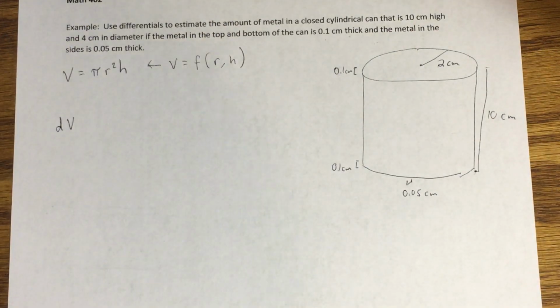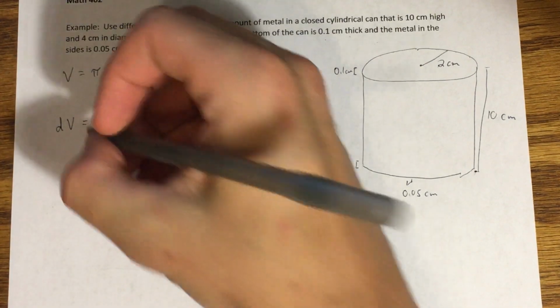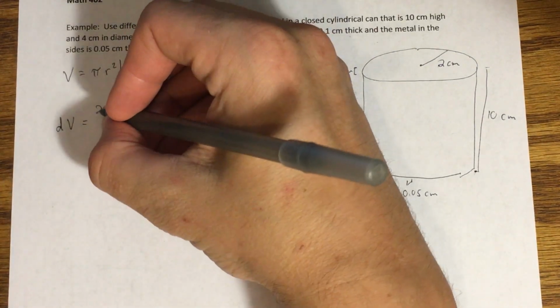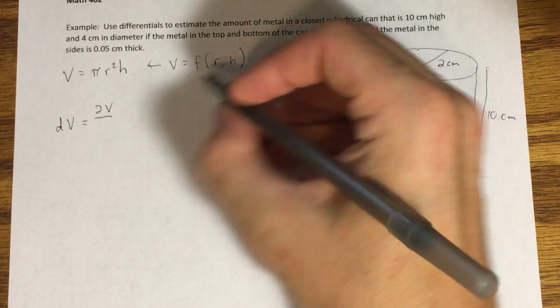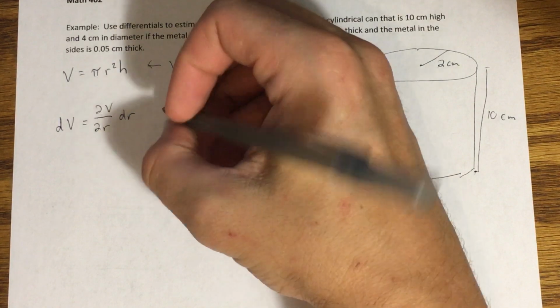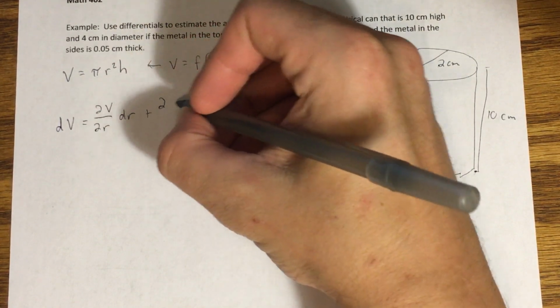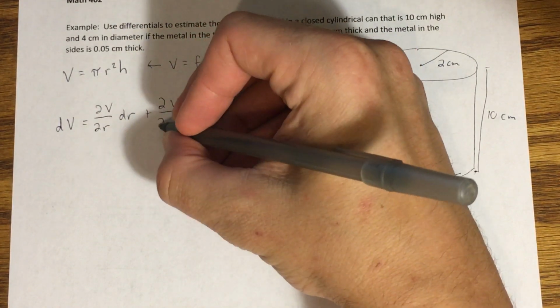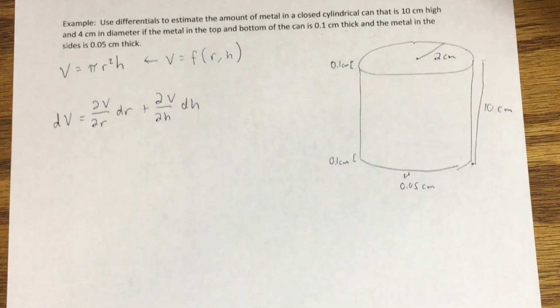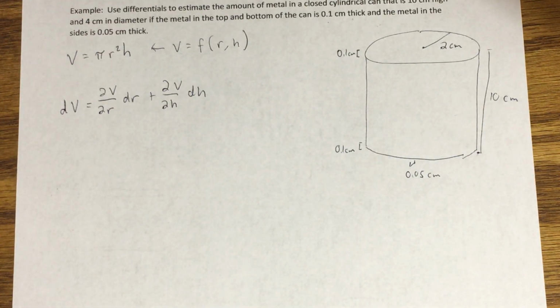So thinking about how we find the total differential, I want to differentiate V with respect to my first variable, r, and multiply that by dr, plus the differential with respect to the other variable h, which I multiply by dh. That's just using the formula for our total differential.